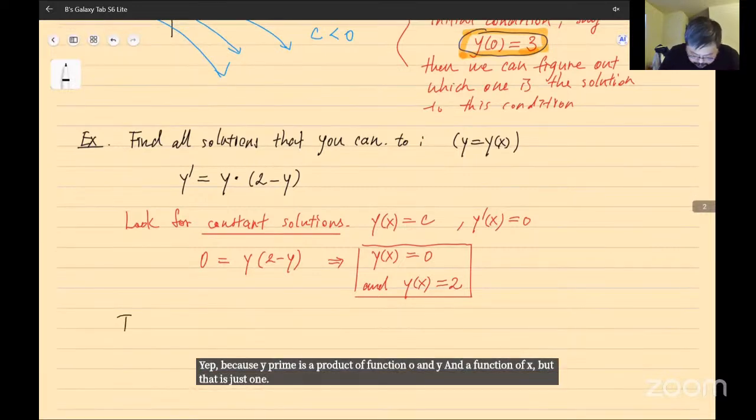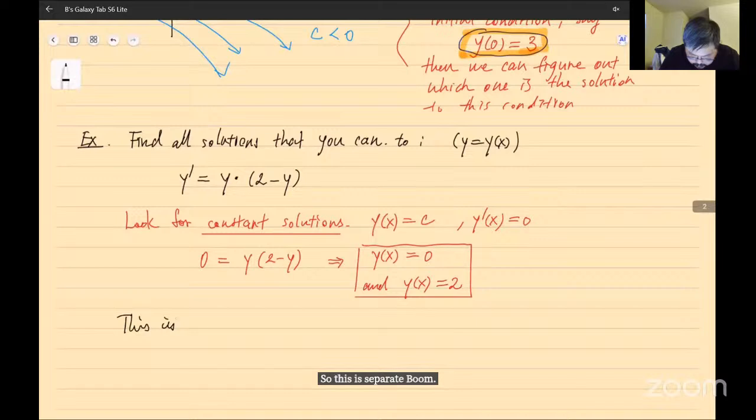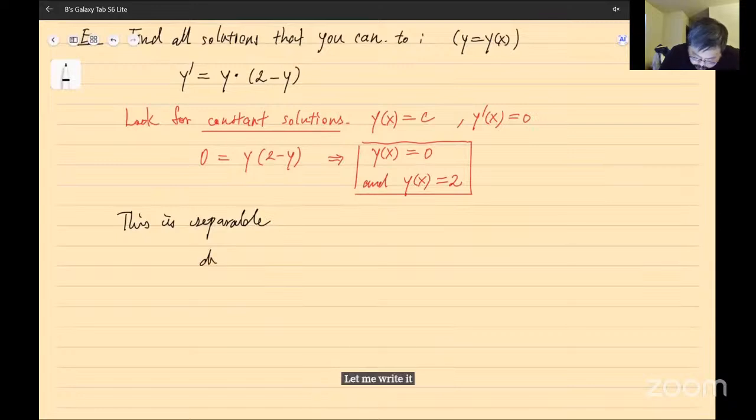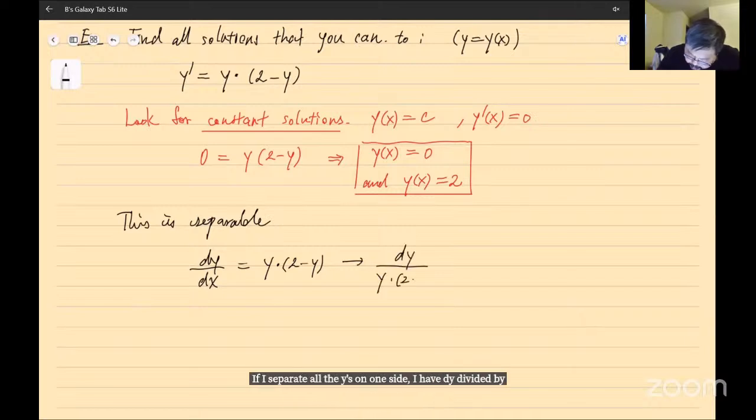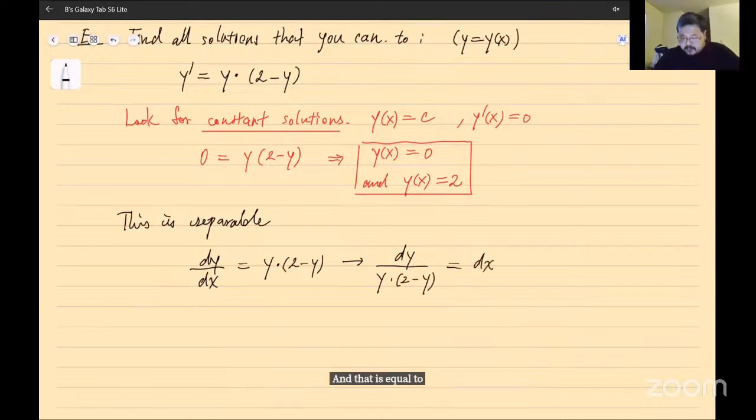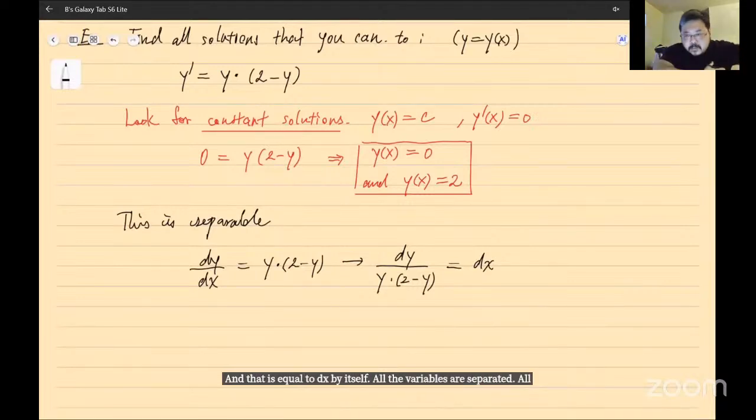So this is separable. We have dy by dx is equal to y times 2 minus y. If I separate all the y's on one side, I have dy divided by y times 2 minus y, and that is equal to dx by itself. All the variables are separated, all the x on one side, all the y's on the other.